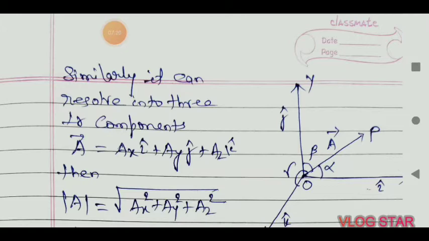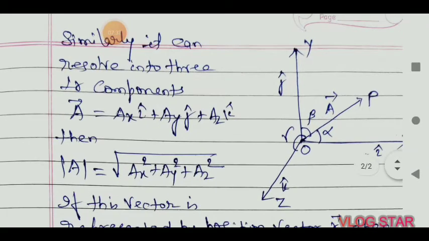AY is the component along the y-axis and j represents its direction, and AZ is the component of that vector along the z-axis, and k represents its direction. Then you will see that the magnitude of A, in a similar fashion, is the root under AX square plus AY square plus AZ square.